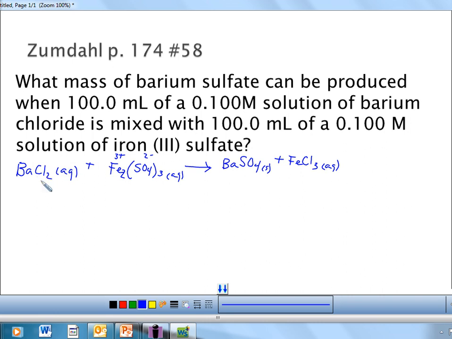We are starting with 100 mL of 0.1 molar barium chloride, so I like to use the molarity equation. So I have 0.1 molar. How many moles of barium chloride in 100 mL, or 0.1 liters? When I calculate this, I will end up getting 0.01 moles of barium chloride to start.